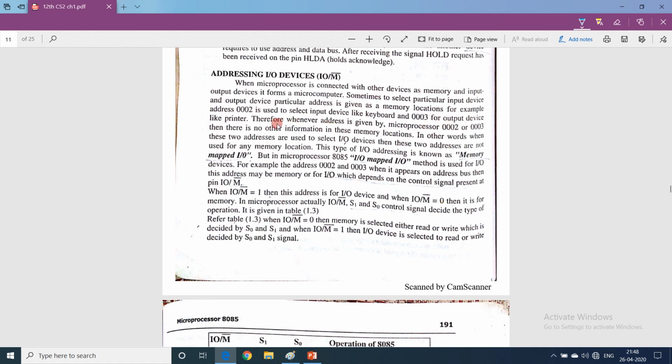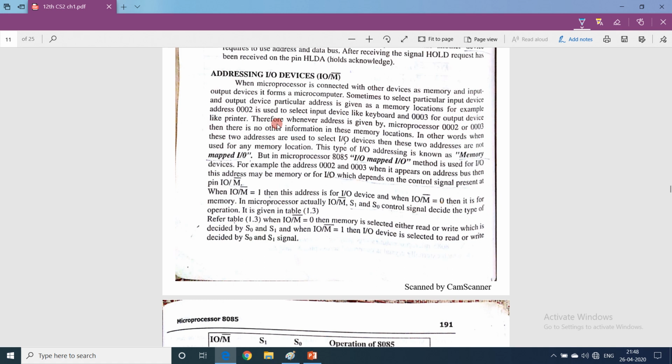Therefore, whenever the address 0002 or 0003 is given by the microprocessor, these two addresses are used to select only an input or output device. They cannot be used for storing any data in that memory location.